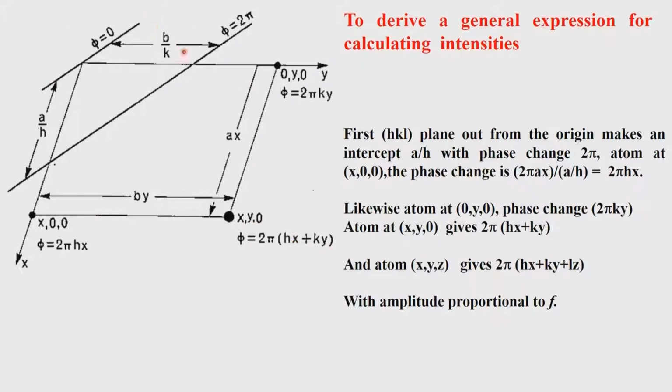So, this diagram therefore is a general picture of any crystal structure which will have this kind of disposition. We have considered the positions of 3 different atoms corresponding to their contributions to this particular plane, and the phase changes have been calculated. Once we have the phase changes, we can always calculate the intensity that is associated with it, because an atom in a general position x y z will give rise to a phase change of 2 pi times h x plus k y plus L z, and of course, the amplitude will be proportional to that of f, which is the atomic scattering factor corresponding to the scattering angle theta, about which the reciprocal lattice vector is located.